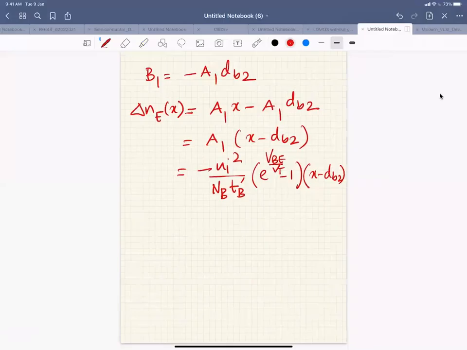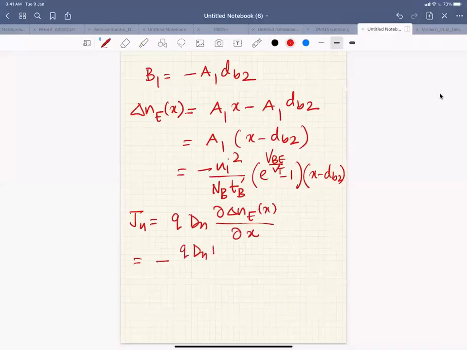So now my current equals Q Dn d delta NEX by dx, because this is diffusion current. So if I do this, it will be minus Q Dn Ni square divided by NB TB dash e to the power Vbe by Vt minus 1, and this will be 1, right?